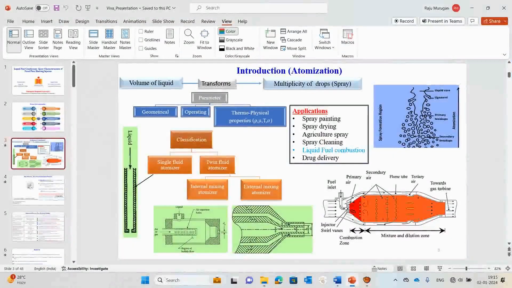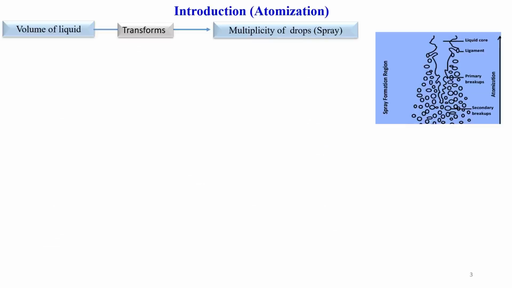Here we will see about atomization. In the previous part of the video I explained about the injector for the gaseous fuel, whereas for liquid fuel it is the atomizer.